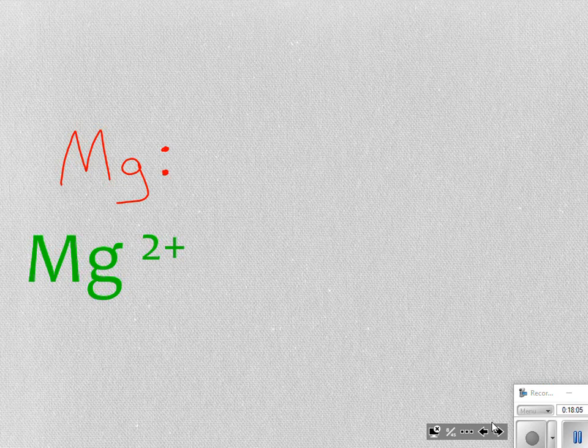Here is chlorine. Chlorine has how many valence electrons? 7. All right?